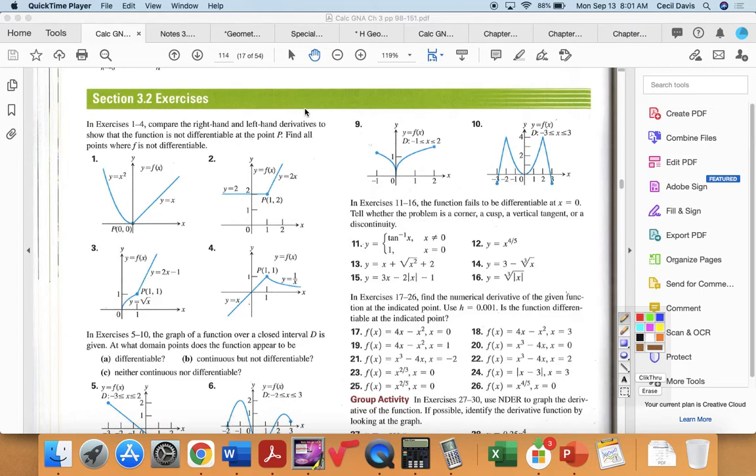Skipping down to number 40, that is true. Number 42 is B, and number 44 is also B. Thus endeth the reading of the answers.